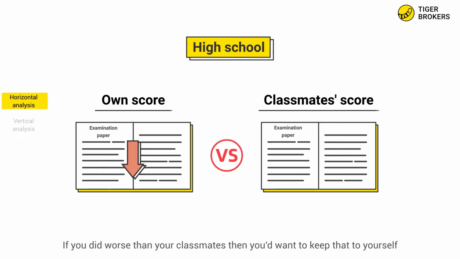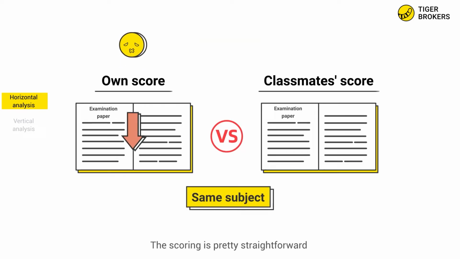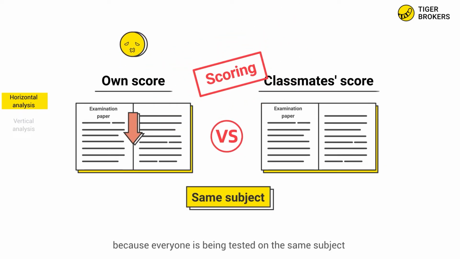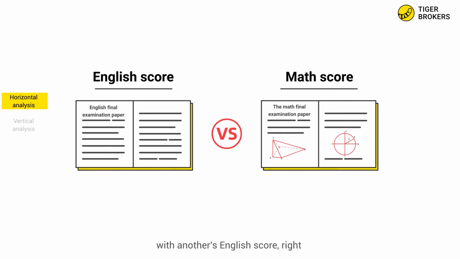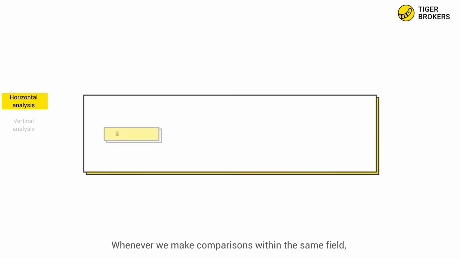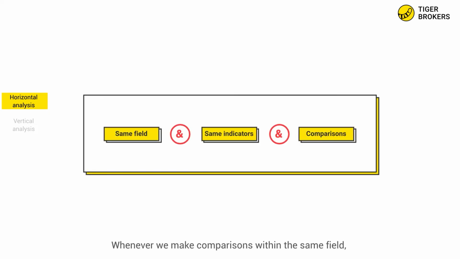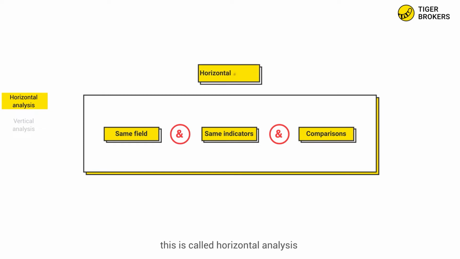If you did worse than your classmates, then you'd want to keep that to yourself. The scoring is pretty straightforward because everyone is being tested on the same subject. No one's going to compare one student's math score with another's English score, right? Whenever we make comparison within the same field using the same indicators, this is called horizontal analysis.